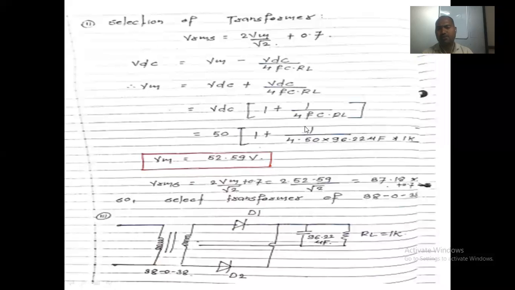For that value divided by 1, it should be near about 0.20. Then 1.20 into 50, that is the thing. That's why the answer is not only 50, it should be greater than 50.